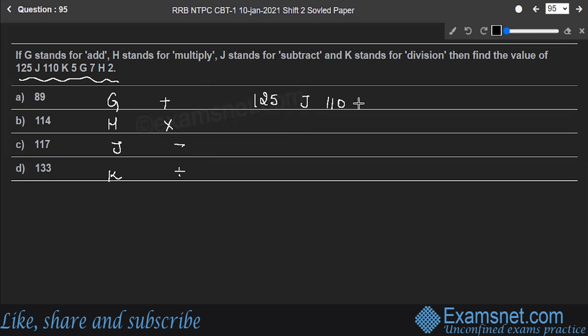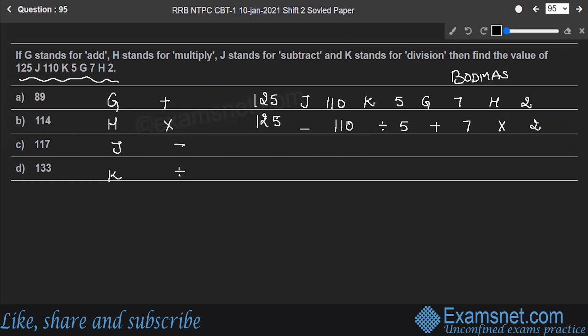125J 110K 5G 7H2. So 125 J is minus, 110 K is divide, 5 G is plus, 7 H is multiply, 2. Let's go according to the BODMAS.